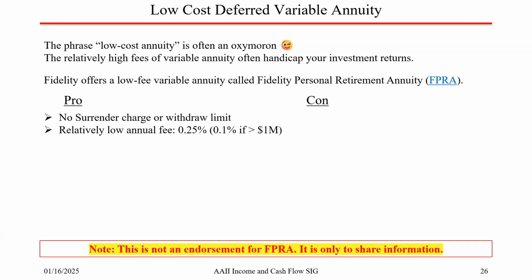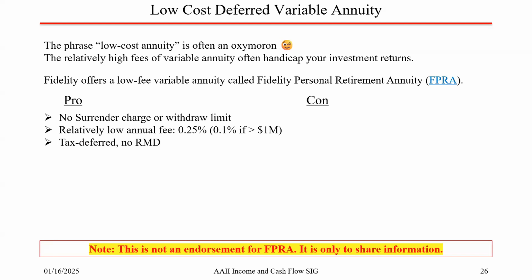Meaning if you put in $1 million, they charge you $1,000 a year. But if you put in $1 less, then they charge you 2.5 times more. However, you saw my example, 1.98 or 1.2, that's 10 times more than this.